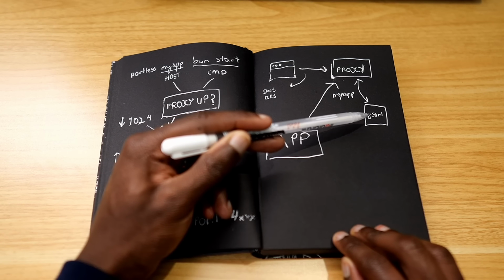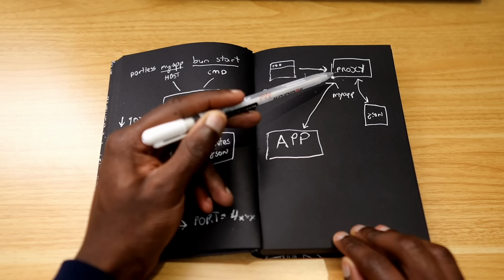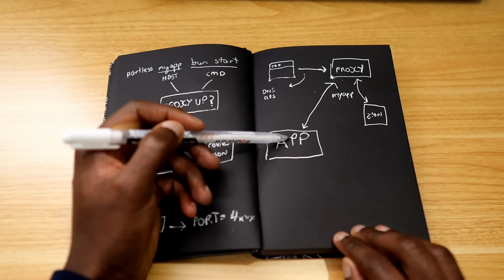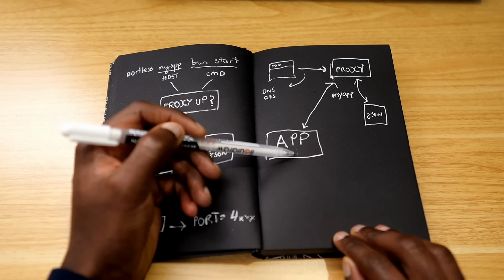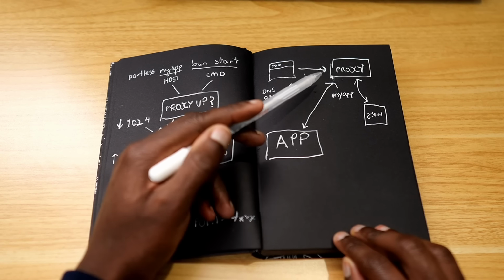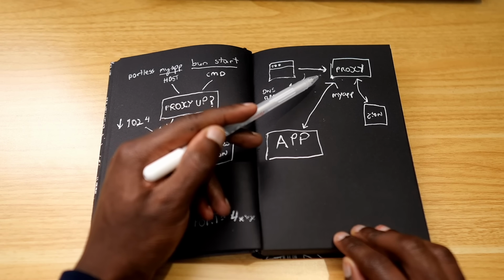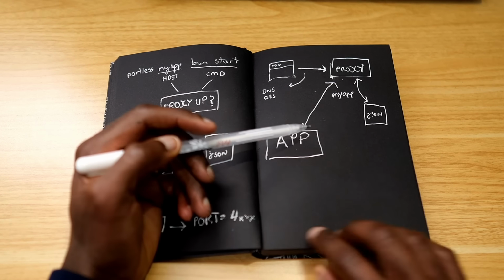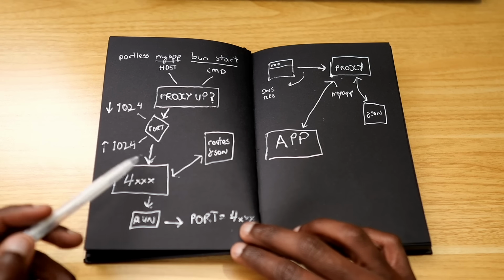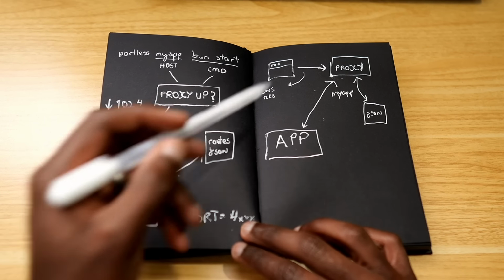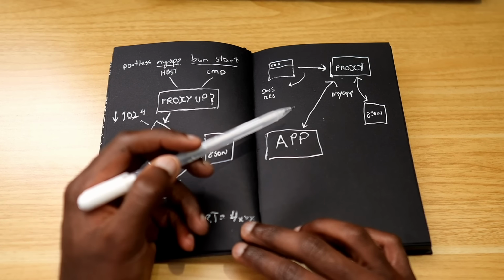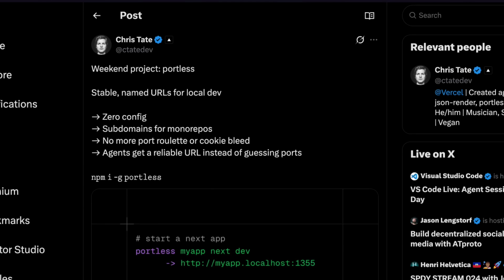Then, once it has the correct port number, it forwards the request to your actual app, which sends a response back to the proxy before going to the browser, since the browser expects a response from 1355 and not the number that the proxy randomly assigned at this stage of the process. This also magically works with WebSockets. All of this is very impressive for a weekend project.